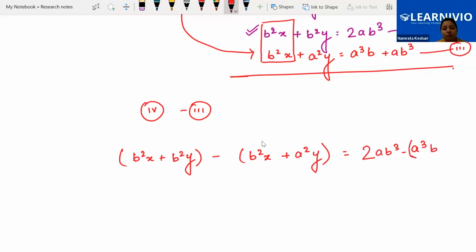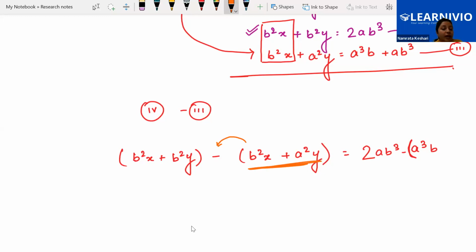Here I am going to write it in a bracket because when you are not writing in a bracket, you will end up making this mistake. You will not change the sign, and after this step, all the steps will be incorrect if we do not write in a bracket. Which bracket am I talking about? I am talking about this part in a bracket. In front of this part there is a subtraction sign. That's why I need to be careful.